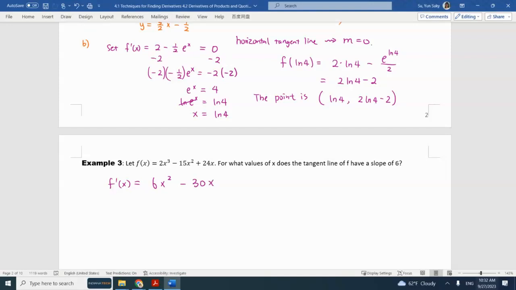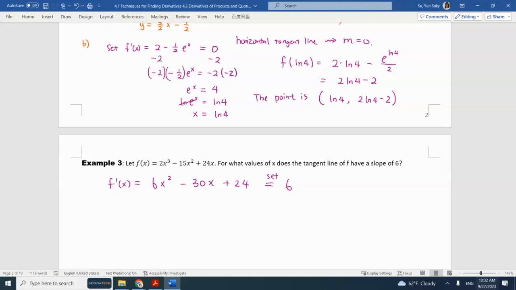Do you want to do it slowly, like 15 times 2 times x to the 2 minus 1? Everybody okay with that? And next, Dylan, what's the derivative of 24x? 24. Yes. This is the derivative. It represents the slope of the tangent line. And we want to set this equal to 6.